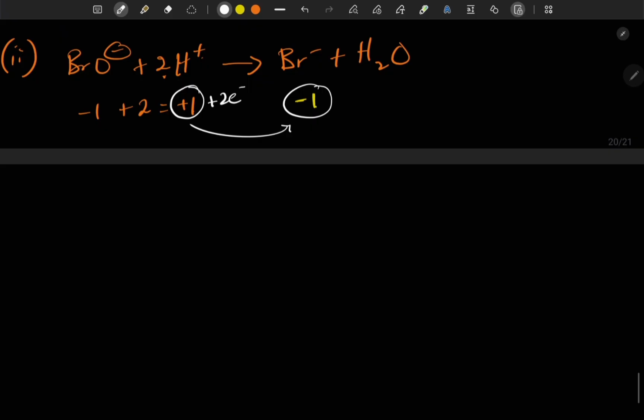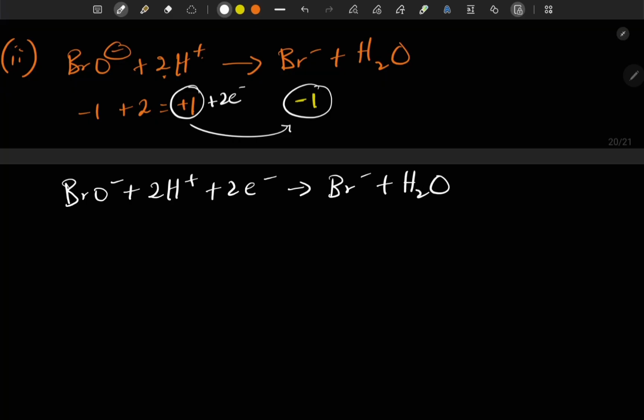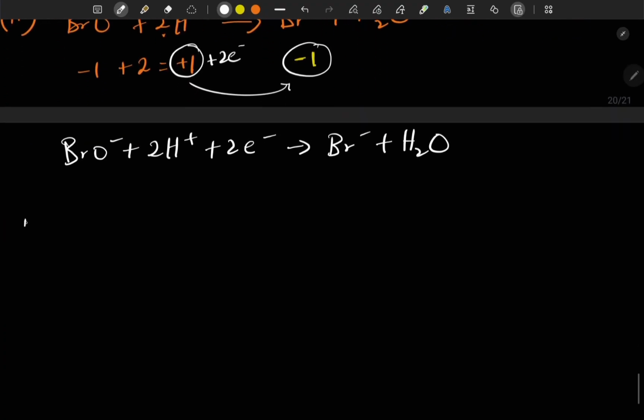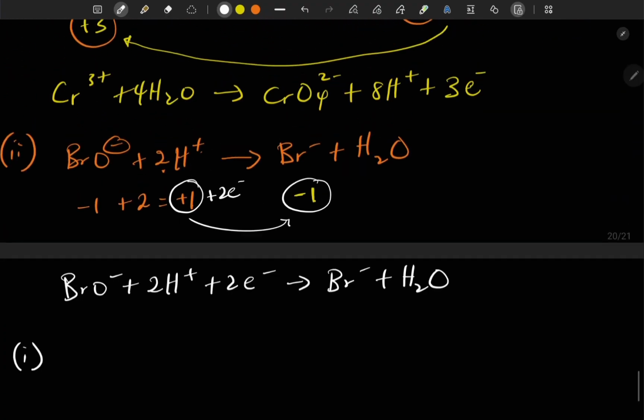So we are going to add 2 electrons to the left hand side. BrO- + 2H+ + 2e- gives Br- + H2O. Okay, so now let's bring the 2 equations together.